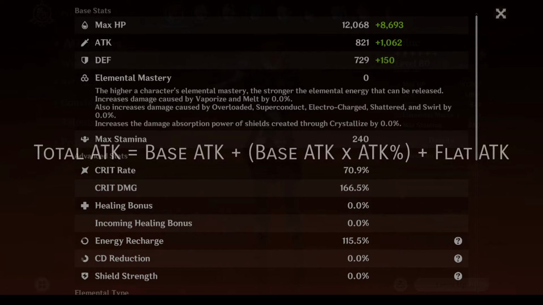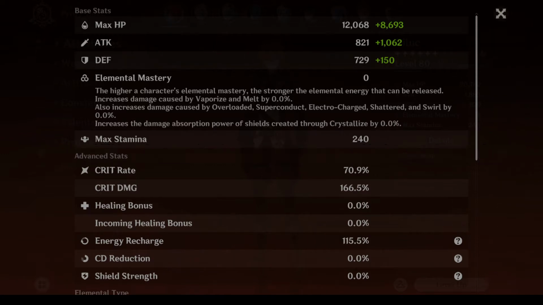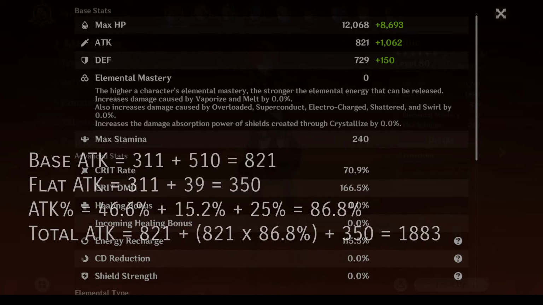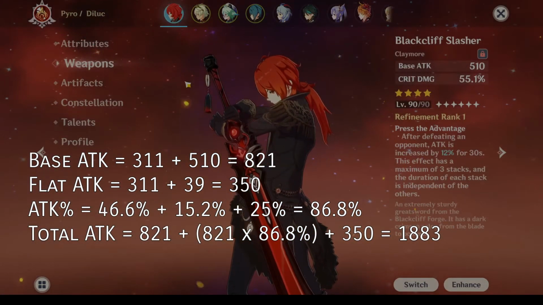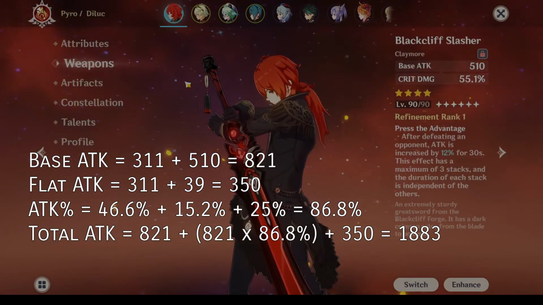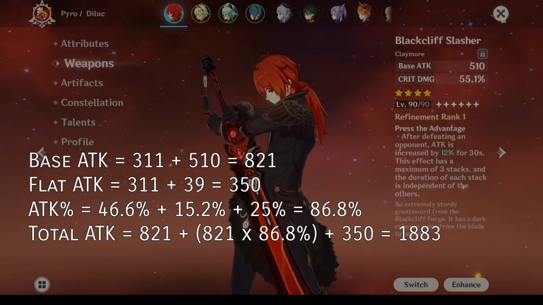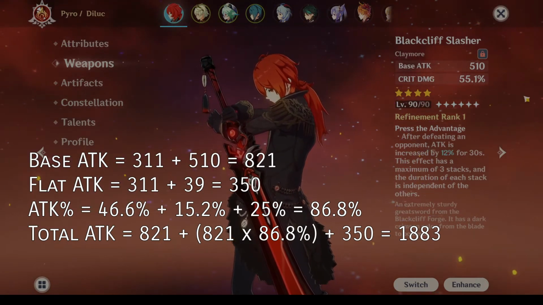The total attack is equal to the base attack plus the base attack times the attack percent multiplier plus the flat attack. And so for my Diluc, we can go in and we can see Diluc has a base attack at level 80 of 311, plus he has a weapon equipped with 510 base attack. That's going to give us the 821 base attack that we saw on the sheet.